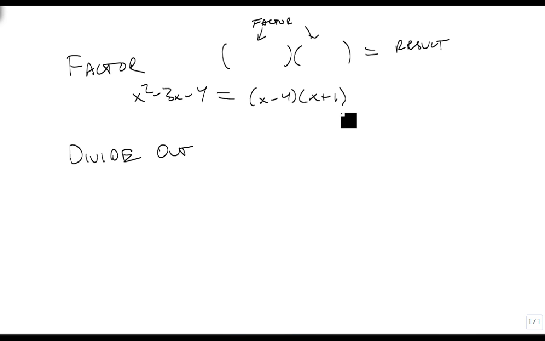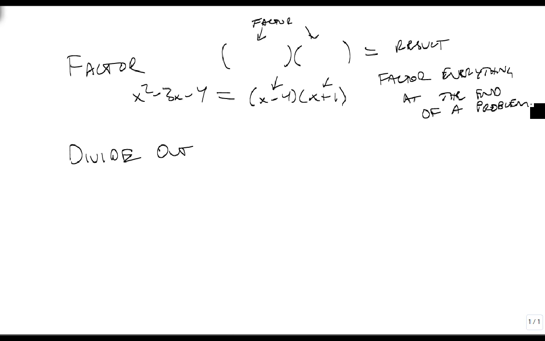And so our factors are the pieces, and in rationals it's really important that we factor everything at the end of a problem. We really like to leave this stuff in factored form because it's easier to see, easier to play with, easier to do.